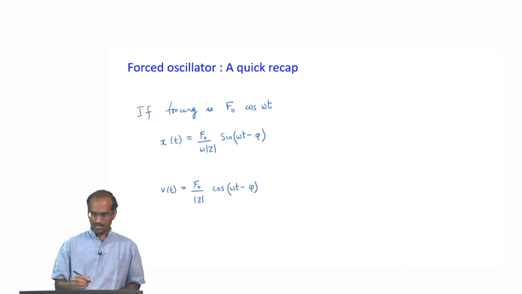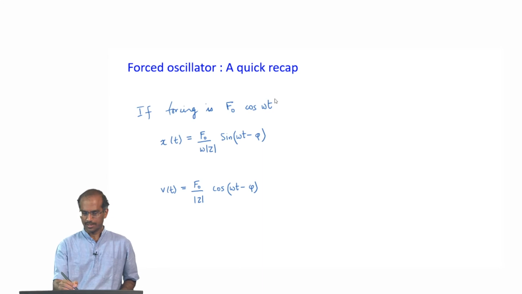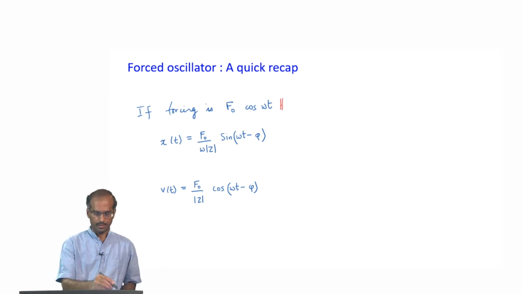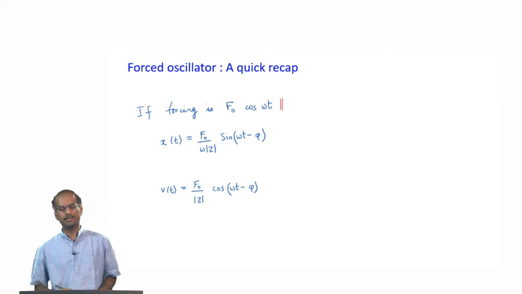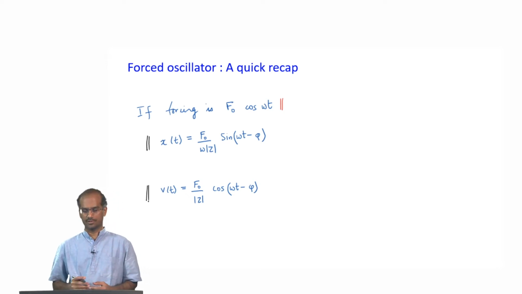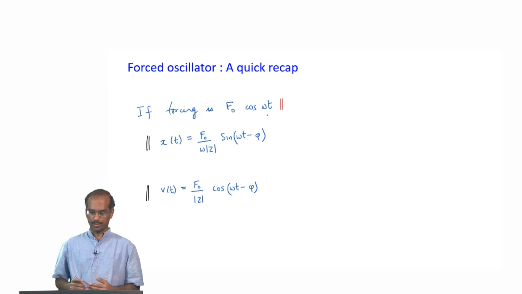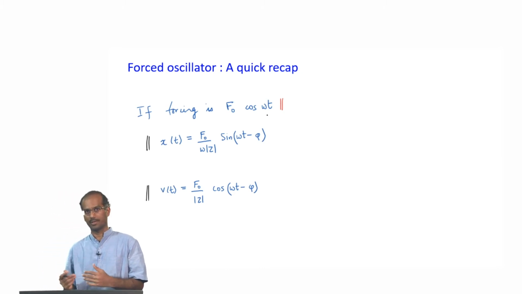So, in the specific case where the forcing is f 0 cos omega t, like the way it is written here, we worked out the solution for displacement and for velocity as a function of time. If you compare with the forcing, which is f 0 cos omega t, you would notice that x of t, displacement as a function of time, comes with a sin omega t.